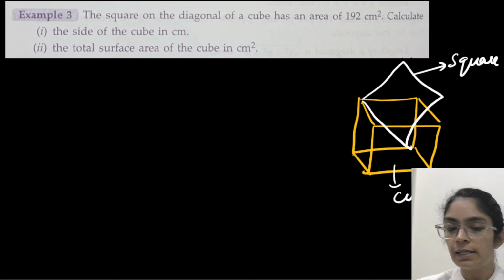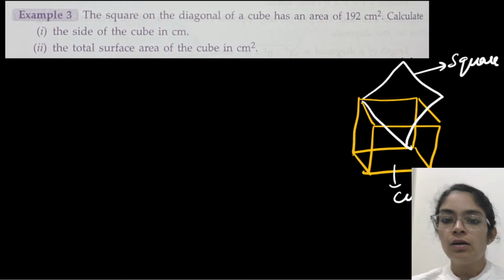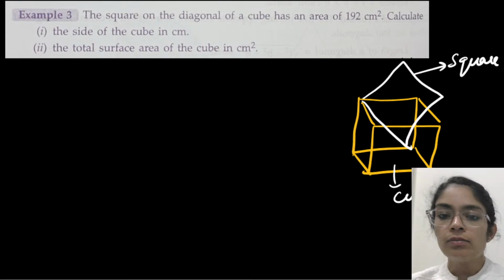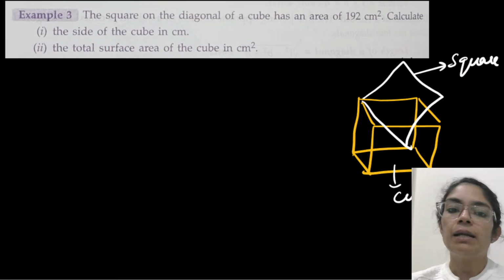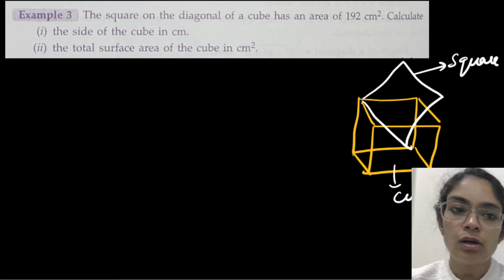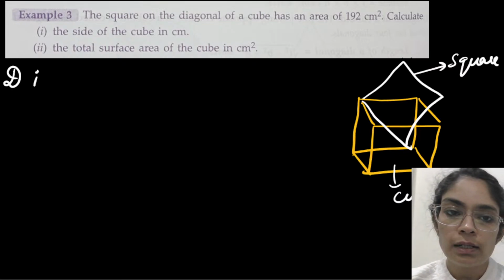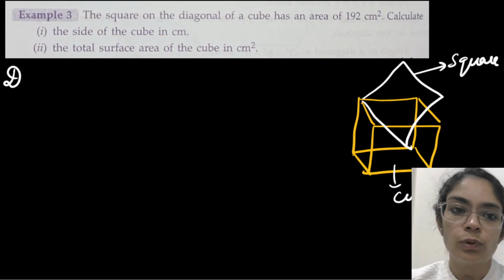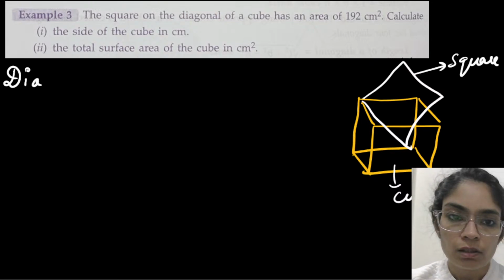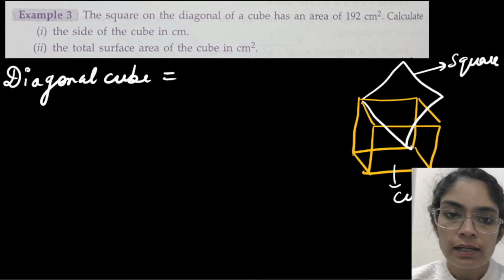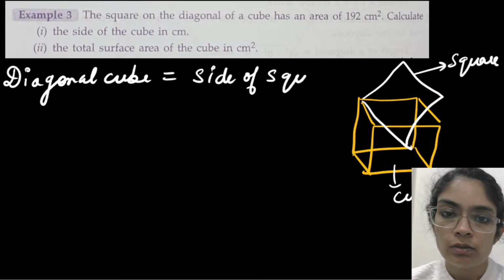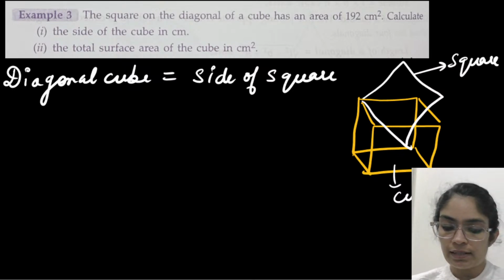Is the question clear? One cube is there. On the cube's diagonal we have the square. That means the diagonal of the cube is actually the side of the square. So this concept you have to understand here.